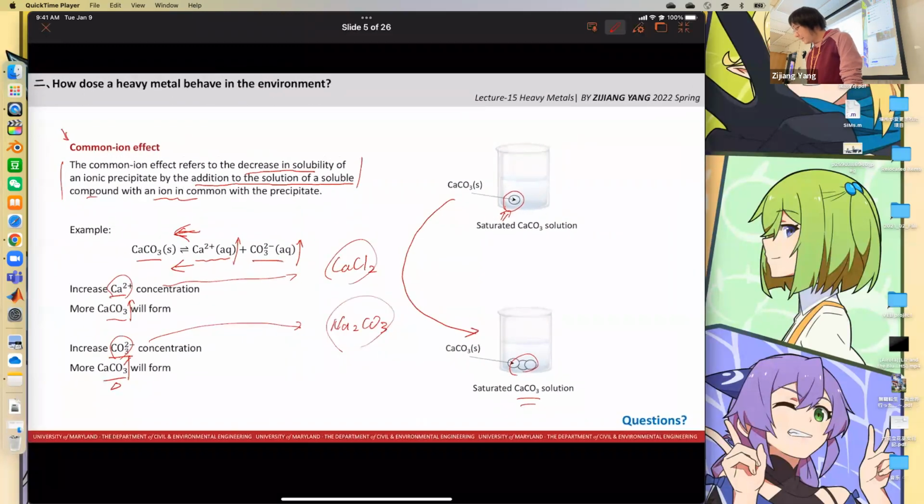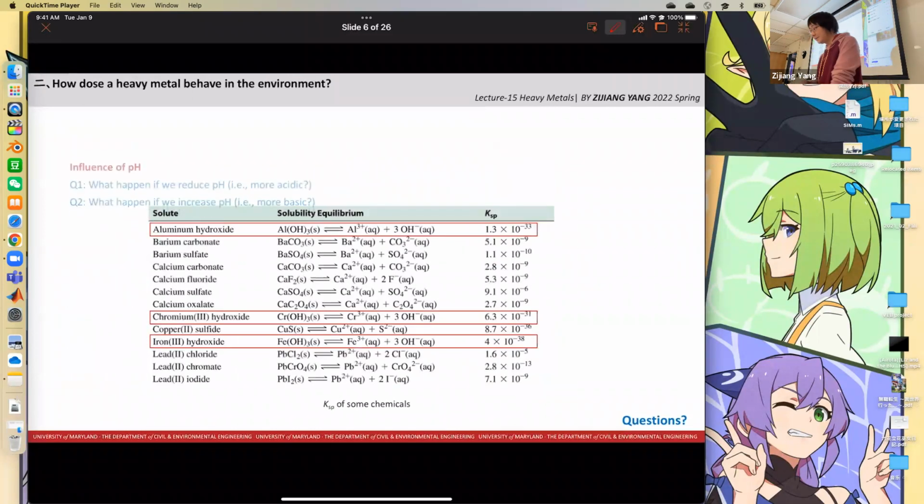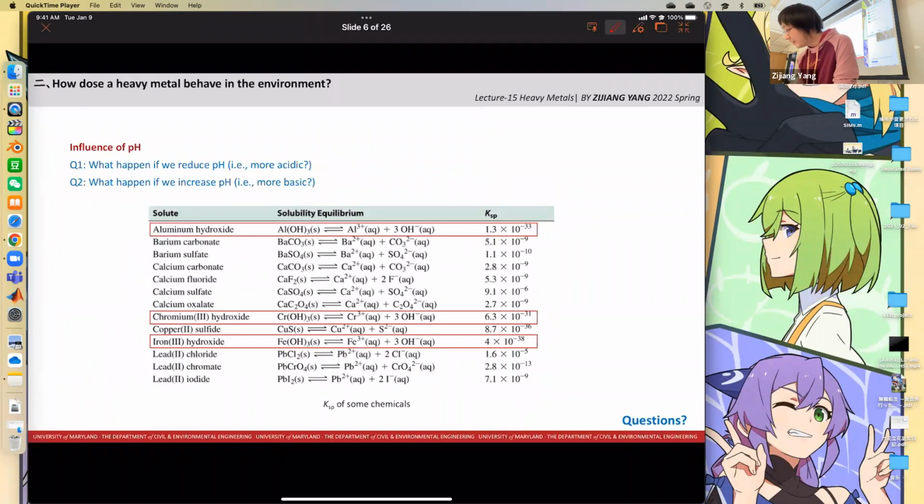I think the next one is about the influence of pH. The influence of pH is pretty similar to that. Here are also some chemical reactions in the solution, and here are the Ksp of the corresponding equations. Let's just focus on these three equations.